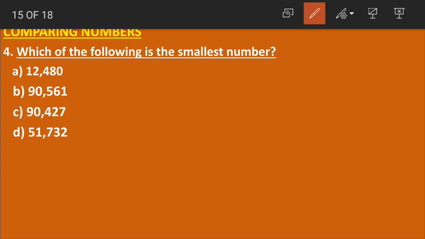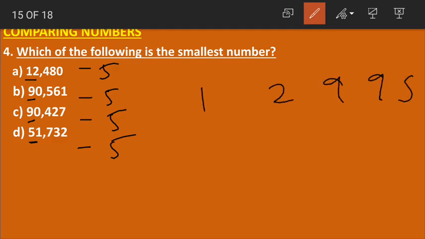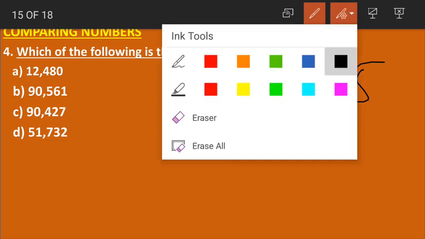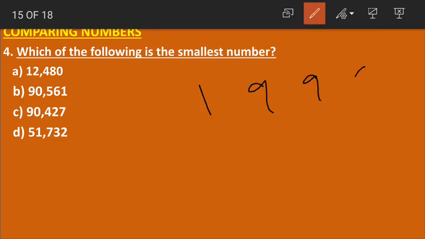Again, how do we find out the smallest number? Here all the options given have 5 digits. All the given options are 5-digit numbers. Now what should we do? We should compare the digit in the highest place values, which is on the extreme left. What are the digits? Sorry, 1, 9, 1, 9, 9 and 5.